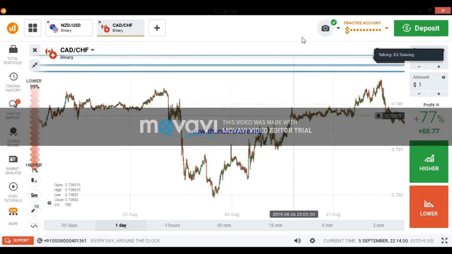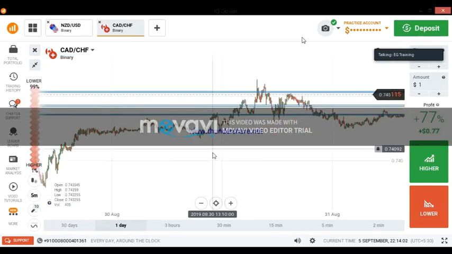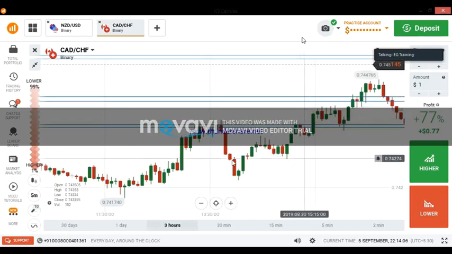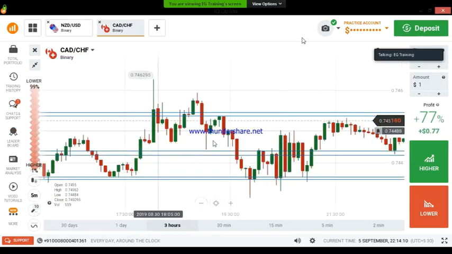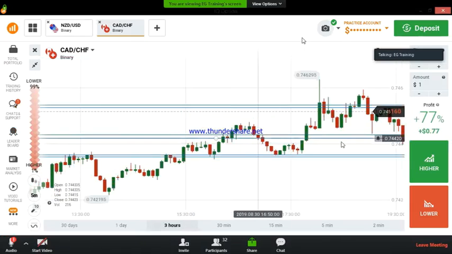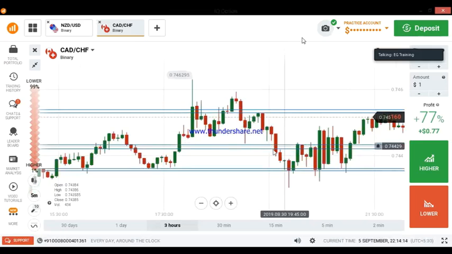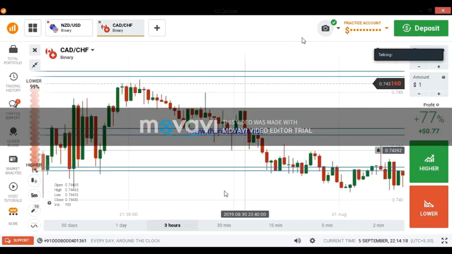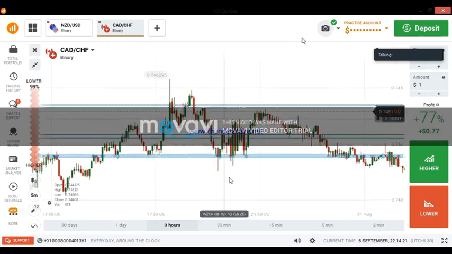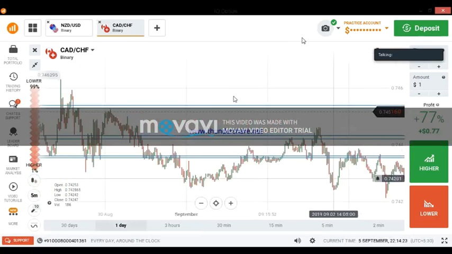If the levels are strong, or if the market is respecting the level, mostly the market is respecting this line, and here also it reversed, didn't reverse on breakout. After breakout too, it didn't reverse. Okay, here it reversed, and here also. Okay, it reversed.